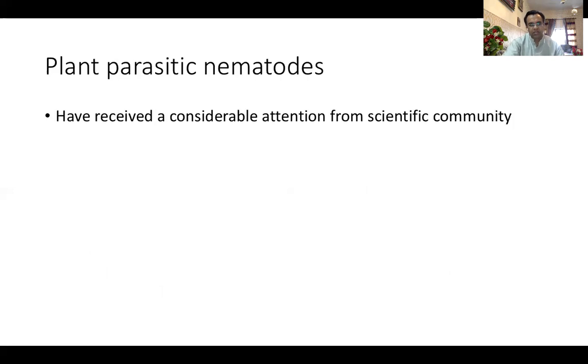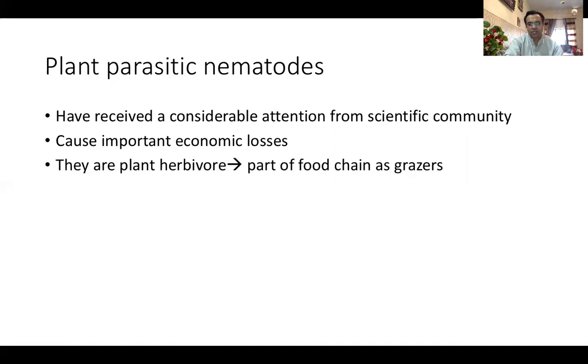Now, first we see a little bit detail about plant parasitic nematodes. These are important, and a number of people have done considerable amount of work on these kind of nematodes, because they cause important economic losses by causing diseases in plants.